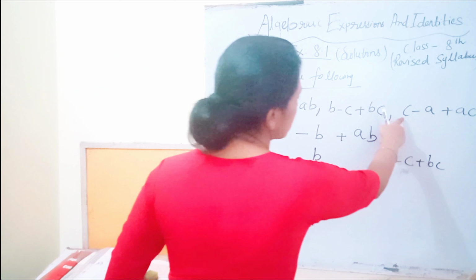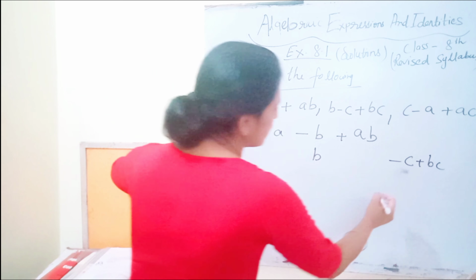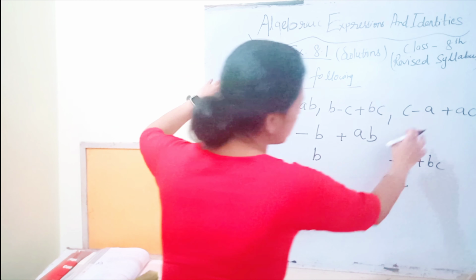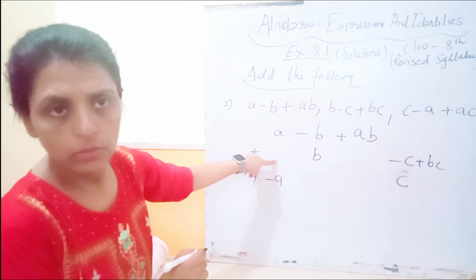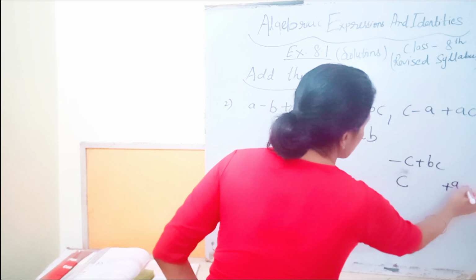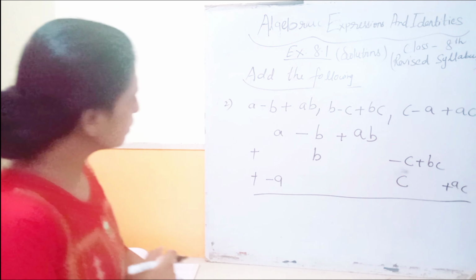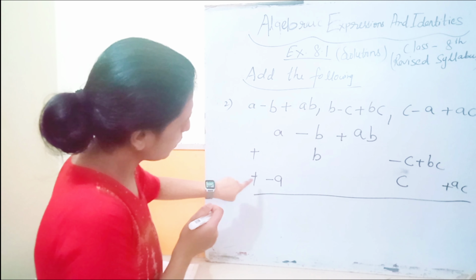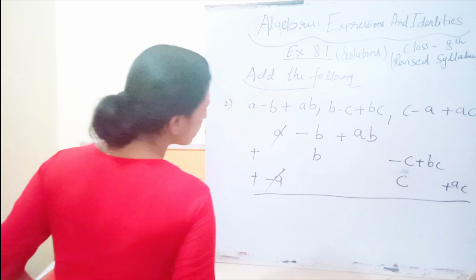Now the third trinomial is C minus A plus AC. So the term C is here, so okay. You have to add this one, minus A, you are going to put under this in the same column, and plus AC. There is no such term containing A and C, so you will write it in one column. Okay, now A minus A, because plus minus is minus only, this A and minus A will get cancelled.